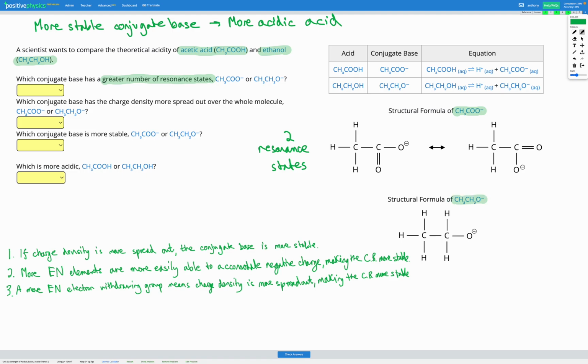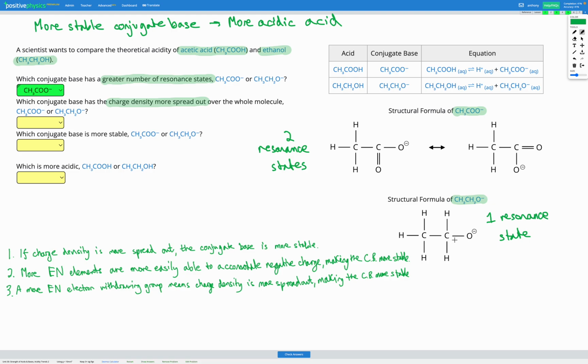CH3CH2O-, on the other hand, only has one resonance state or one form. So which has more resonance states? The answer is CH3COO-. We're next asked which conjugate base has the charge density more spread out over the whole molecule.